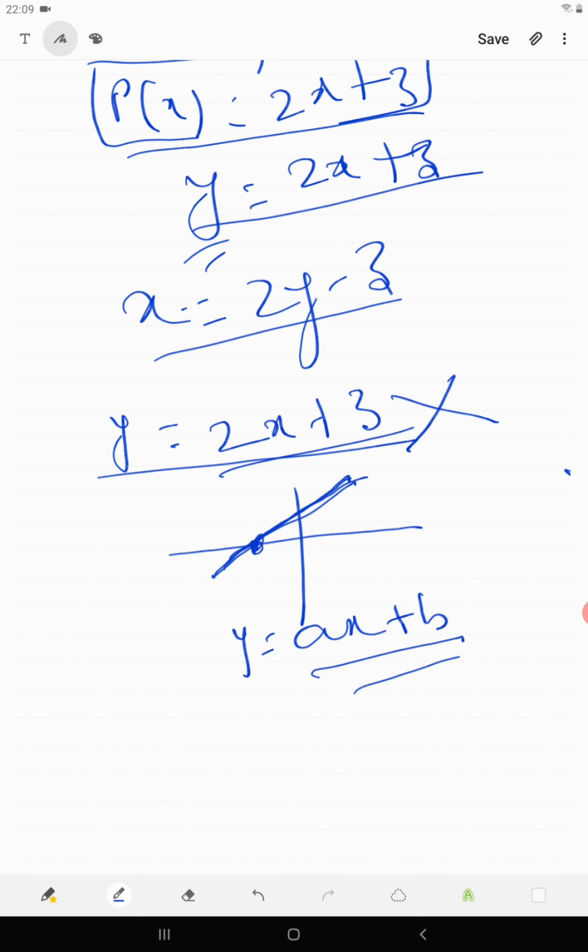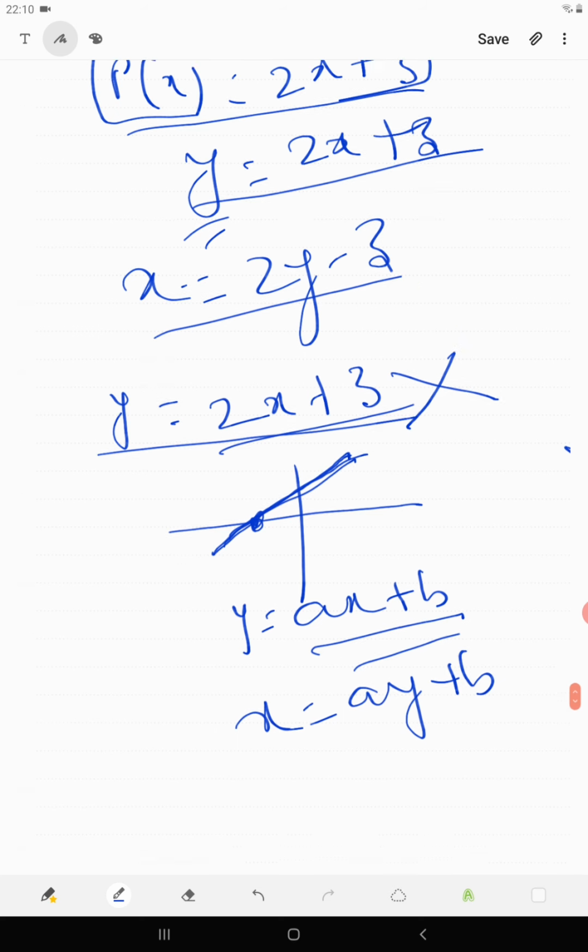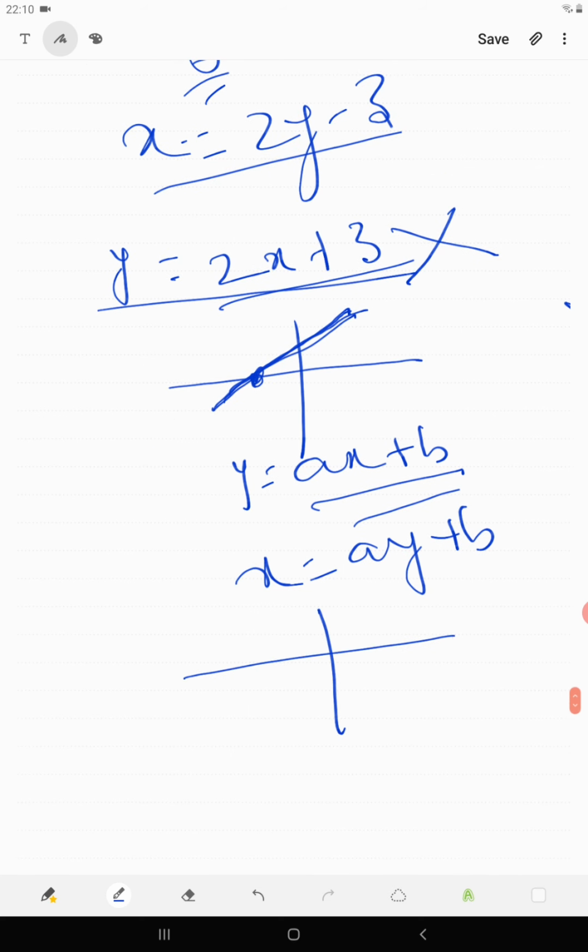But if it is of the opposite form, suppose x equals ay plus b, then we need to see at how many points the given graph is touching the y-axis. Whichever variable is on the right side, that axis we need to see.